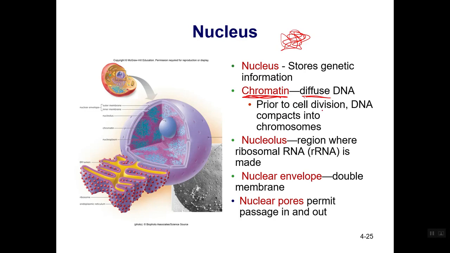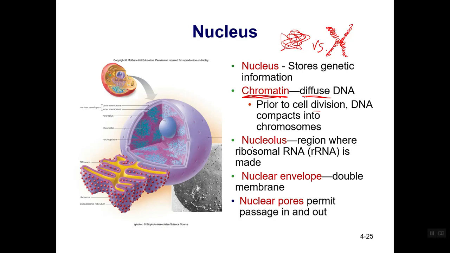When cell division occurs, and we'll get to that in another chapter, DNA will condense to form really tight coils instead of being loosely coiled like that. It'll form really tight coils like this. And we call that chromosomes. So you might have heard that before, and so I wanted to elaborate as to what the difference was. So chromatin versus chromosome, loosely coiled, tightly coiled.